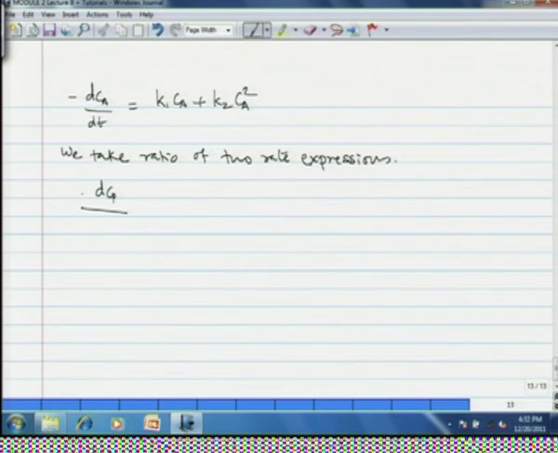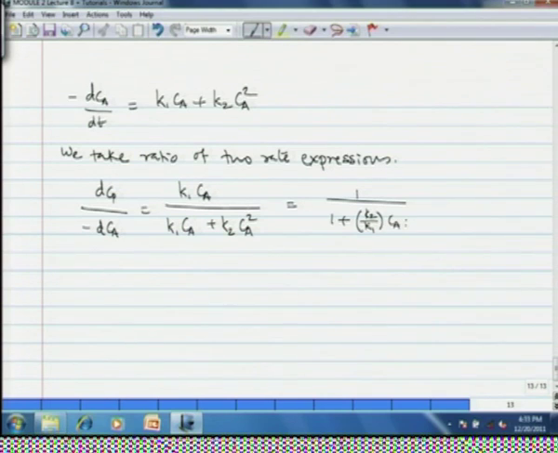So, dCp divided by minus dCa is equal to K1 into Ca divided by K1 into Ca plus K2 into Ca squared, or rearranging this, we get 1 divided by 1 plus K2 by K1 into Ca.